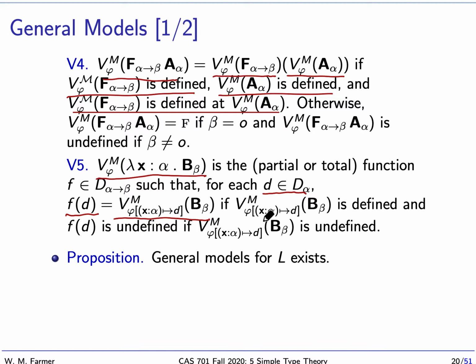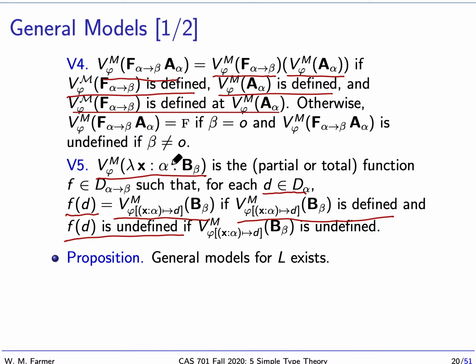And it has this value if the value of b is defined, and otherwise f of d is undefined. I should say it's undefined if the value of b is undefined.